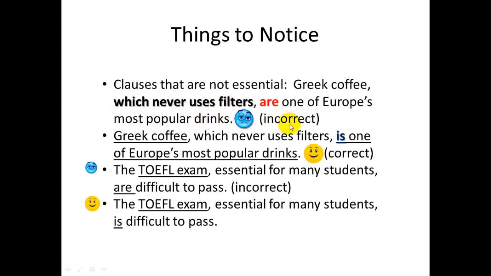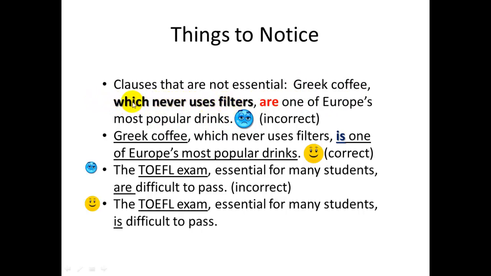This sentence is incorrect. What's my subject? My subject is Greek coffee. Is that singular or plural? It's singular. So I need here a singular form of the verb to be. Greek coffee is one of Europe's most popular drinks.